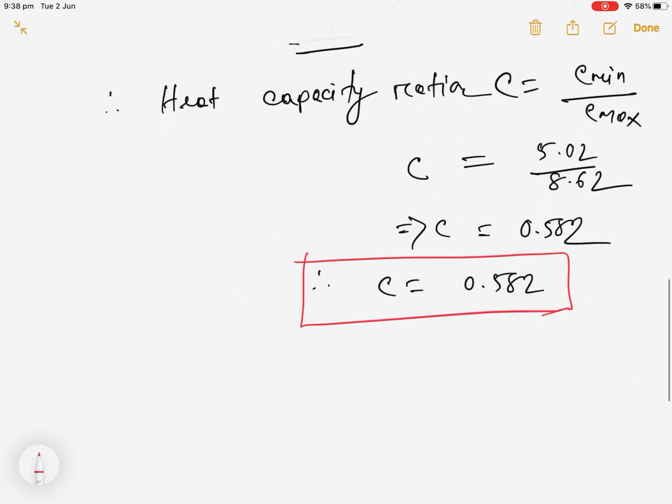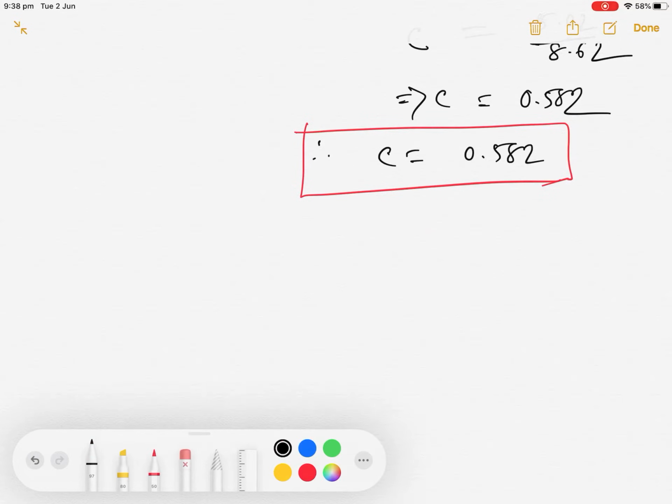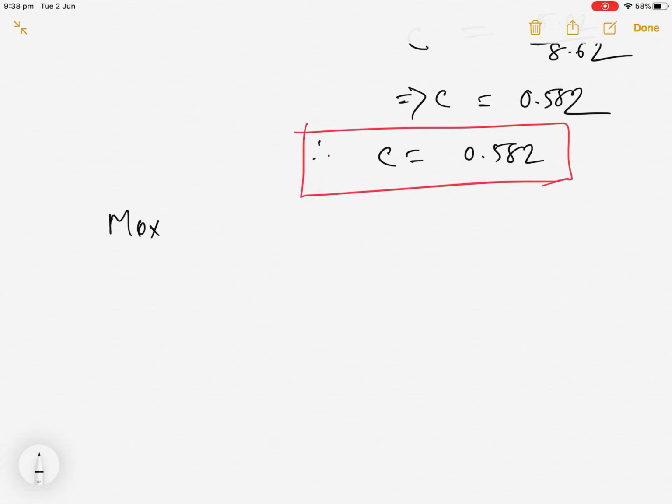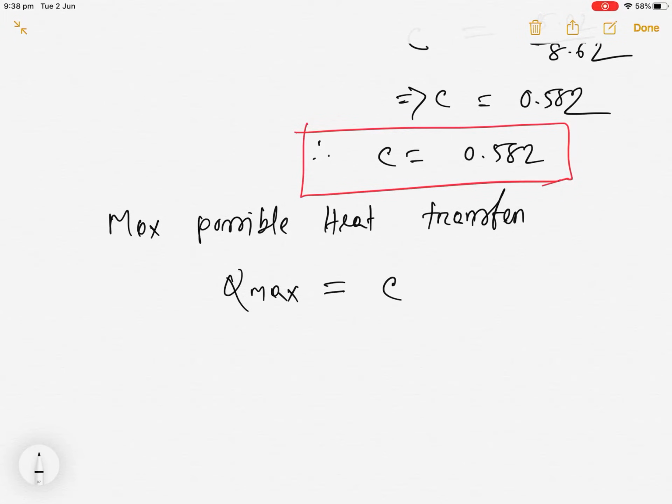Once we have this C, then let's calculate the Qmax. Qmax is the max possible heat transfer. We can define it by using Qmax, and the formula is C min and the temperature difference.